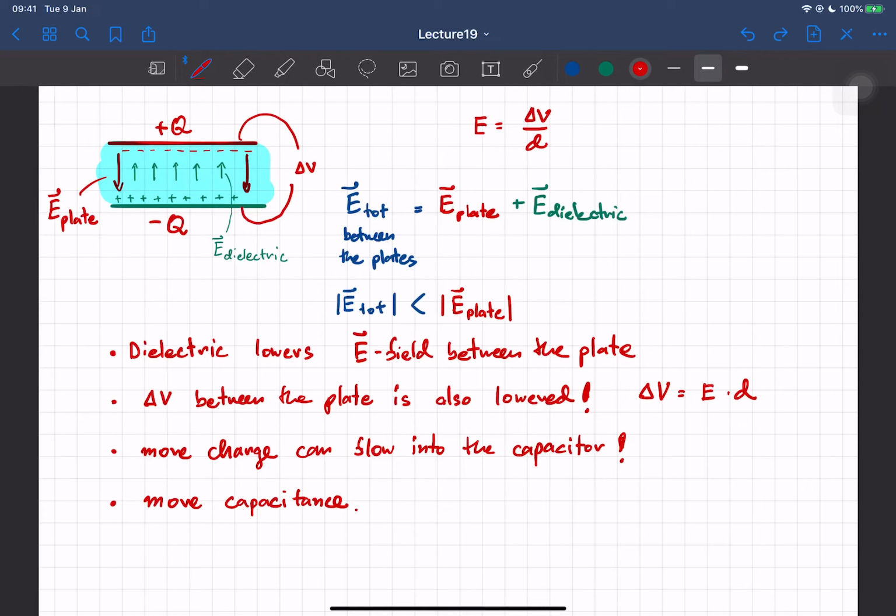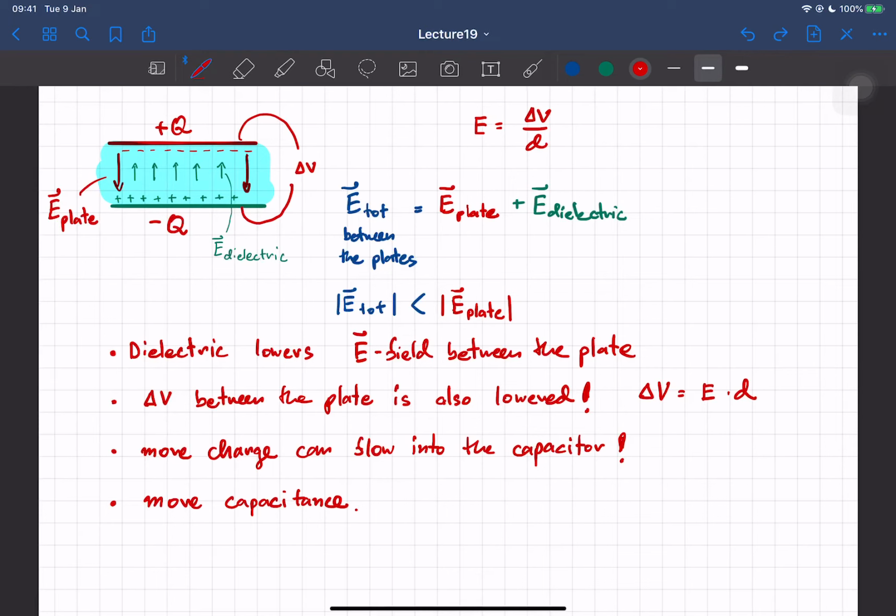And that means you lower the potential difference between the top and bottom plate. So the capacitor, which used to be fully charged because its potential is the same as the potential of the battery that you put in, now that's no longer the case, because the potential of the plate is lower.